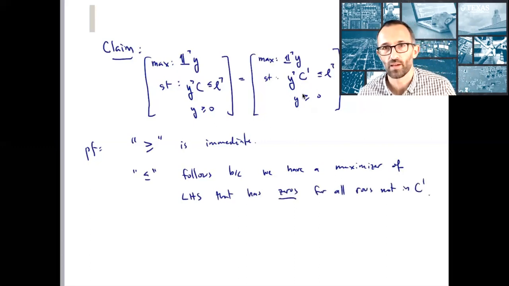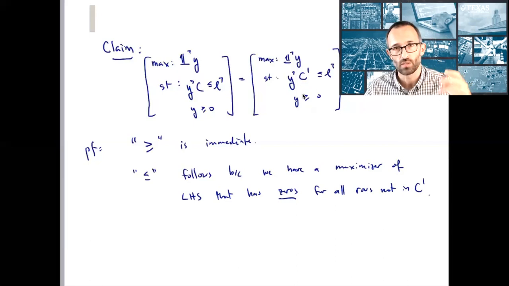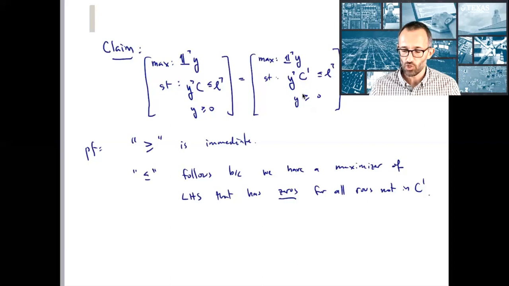Remember, when I'm left multiplying a matrix, I'm combining its rows. When I have Ax, x is taking a linear combination of the columns. Now, y transpose C takes a linear combination of the rows. But if y has zeros on all of the rows that are not in C dash, then I can just take that y and easily get a solution in my other problem, just by throwing away those zeros. Okay, so these are equivalent.